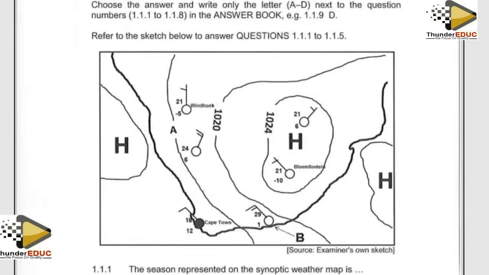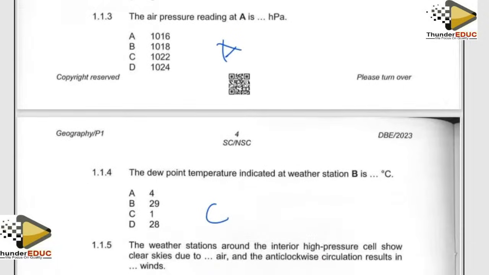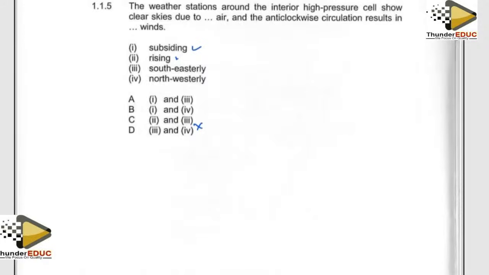So wherever there is 3 is also wrong. This one is wrong, this one is also wrong because there is 3, and this one too. Which option do we have? We only have option B, with northwesterly and subsiding. Therefore, the answer here is B.